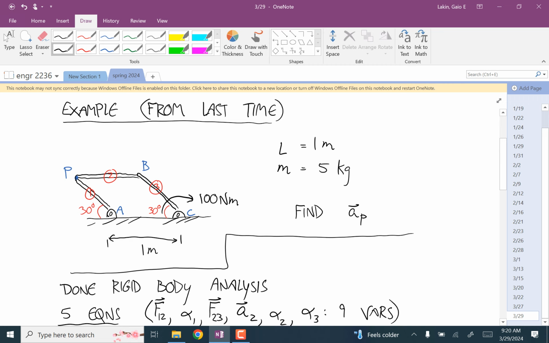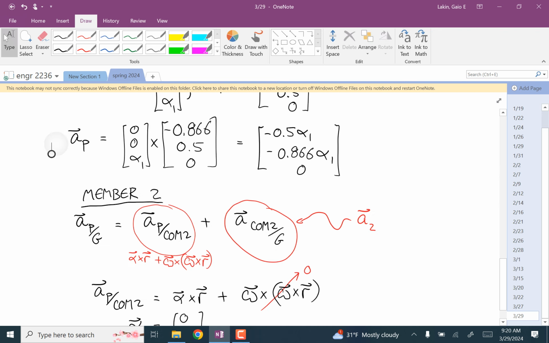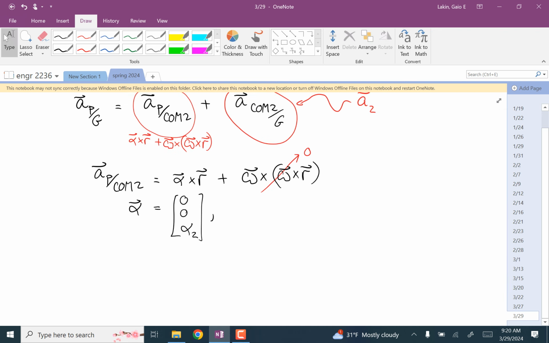And so the R vector is in the negative x direction, half of the length of that member. So it's just negative 0.5, 0, 0.